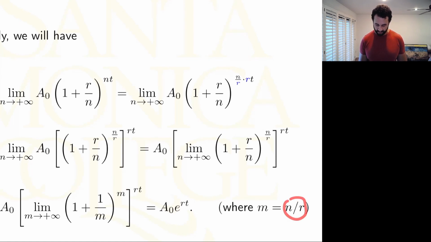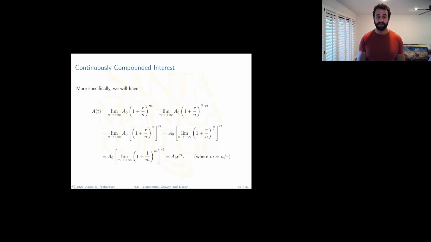So if m is n over r, then n over r here becomes m, and r over n becomes 1 over m, because r over n is the reciprocal of n over r. There we go. So really what we're doing is we're just massaging this formula so that we can get it into the form of a limit that we have seen before.